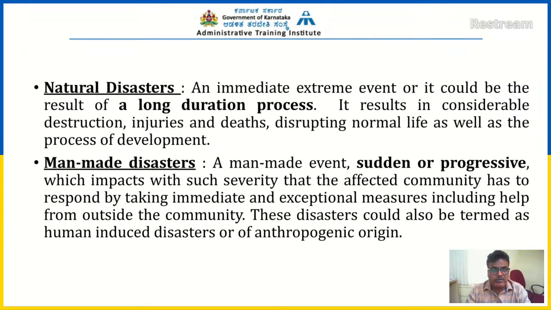Later, based on the report after the examination, they came to the conclusion that it was an error by the pilot. His ignorance, his negligence, or he might have slept for a while. That led to the plane going ahead of the designated place. So that is human induced only. This disaster is a human induced disaster.